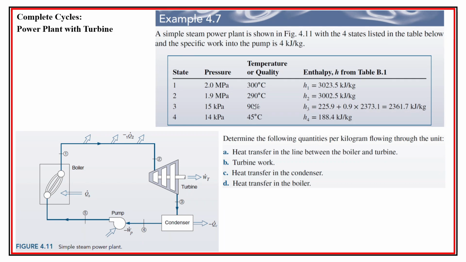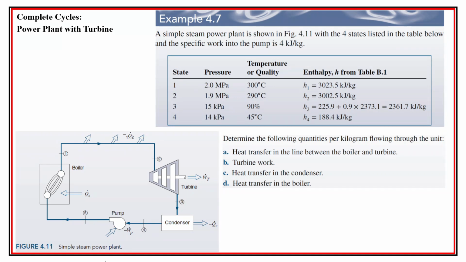And you can see that it's still partially steam. It's 90% quality. And then at 4 right here, we get what the pump is doing before it goes to the pump. So this is out of the condenser. There's a little bit of a pressure drop, but there's going to be a significant drop in enthalpy right there. So it goes from 2,361 to 188 across the condenser, which is an important thing.